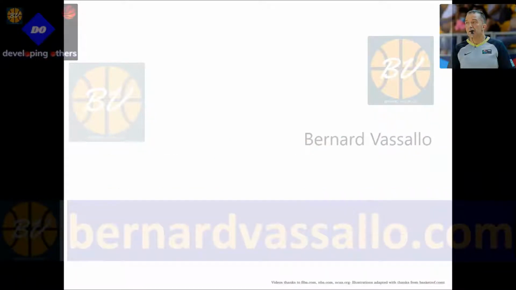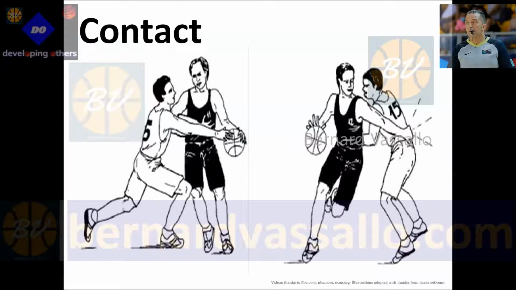Let's now see some specific situations so that you could understand more this principle of contact, how it is applied on the court. Starting off from the left-hand side, we are seeing here the defensive player, white number 5, who is trying to steal the ball, and in trying to steal the ball, this defensive player is extending his arms in front of the dribbler.